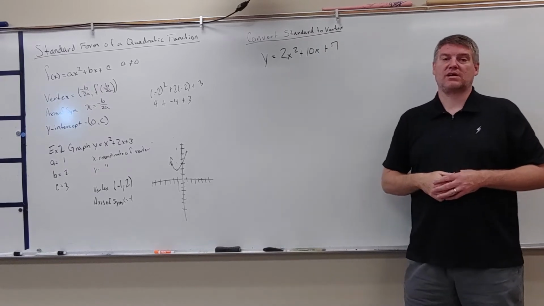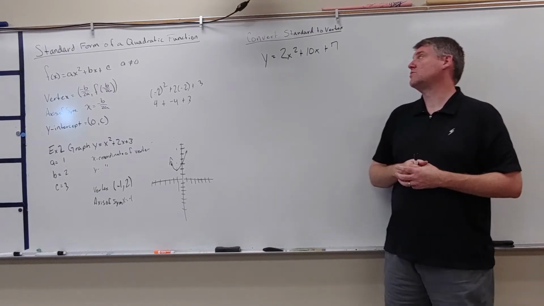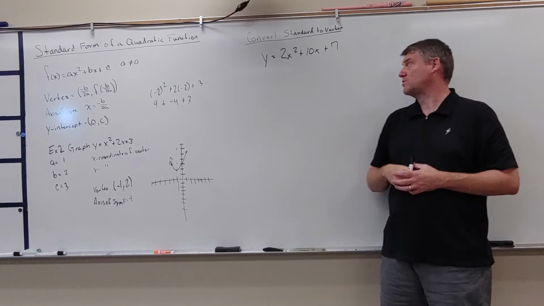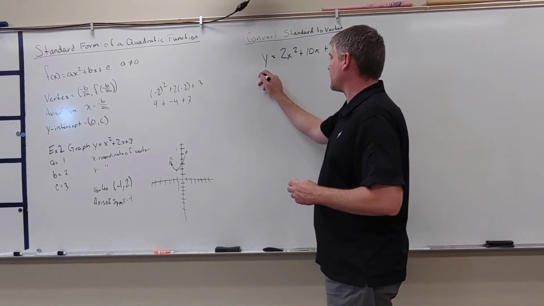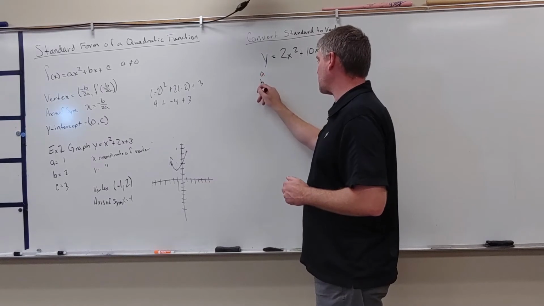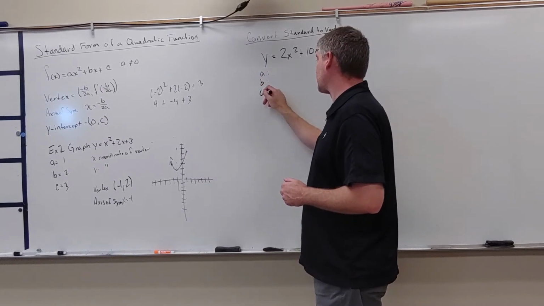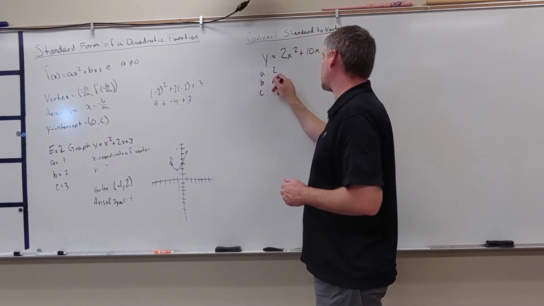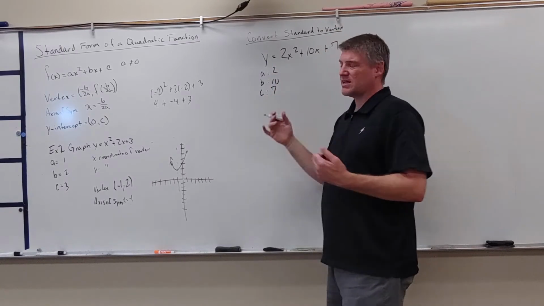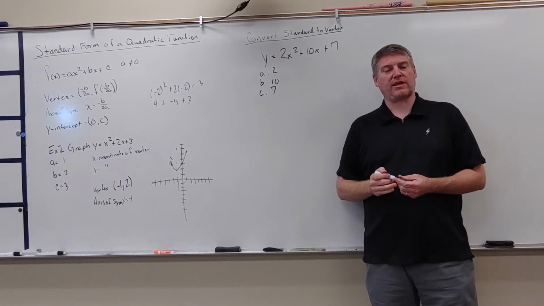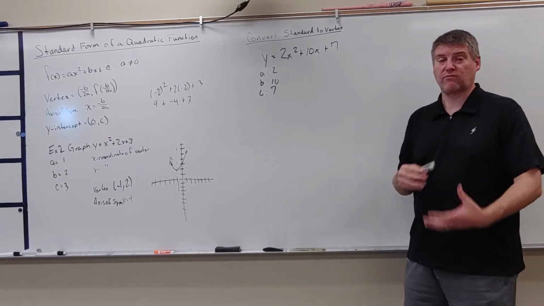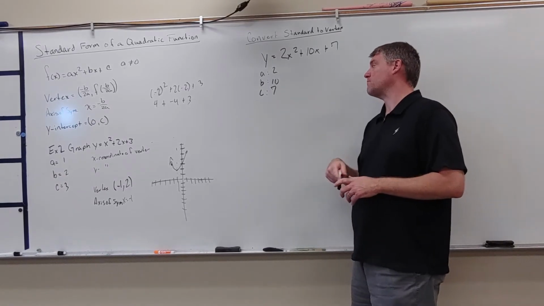The next thing we're going to talk about is converting from standard form to vertex form. Okay. So one of the things is I do want to know what A, B, and C is again. So A is 2, B is 10, C is 7. The only reason I'm writing these down is just to get into the habit for later on when we're talking about the quadratic formula and stuff like that.